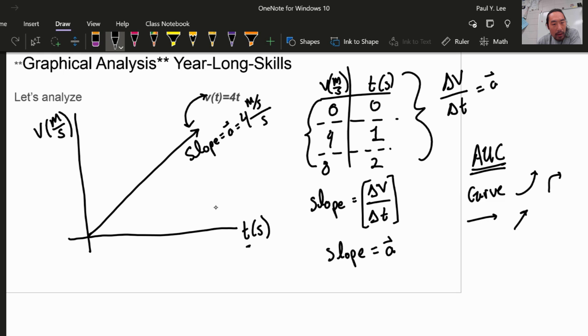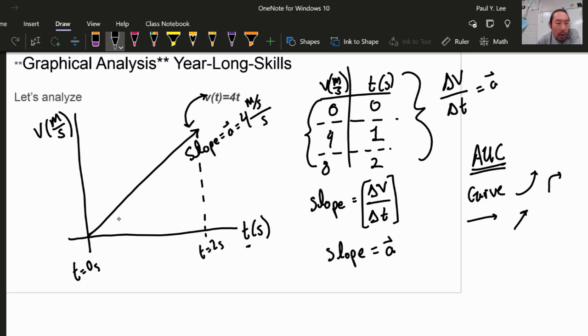So because we have a straight line, we can determine the area under the curve. And this is the skill that we're going to do. So from the curve, we'll do something simple at first, from a time of 0 seconds. And let's say right here, this is a time of 2 seconds.